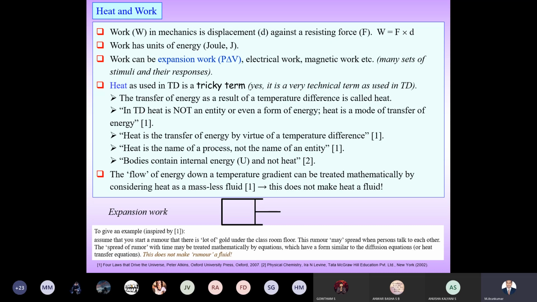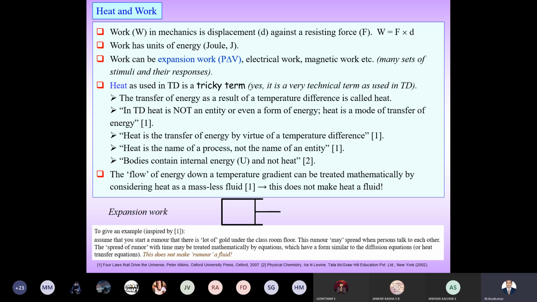We have a lower temperature and a higher temperature, and the temperature difference drives the transfer of energy. Heat is the name of a process, not the name of an entity, right? This is a process, a transfer of energy, from a higher temperature to a lower temperature. So this is not a final entity.